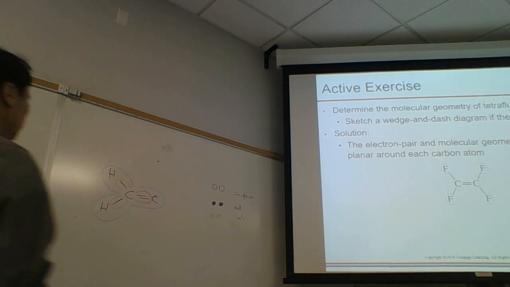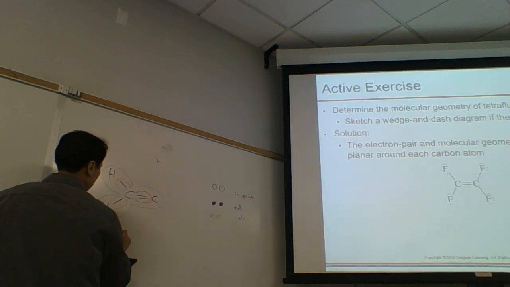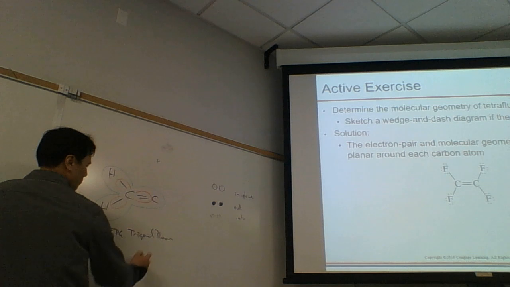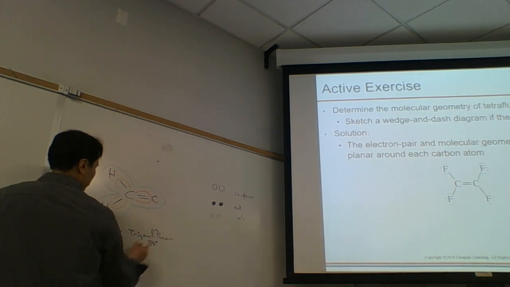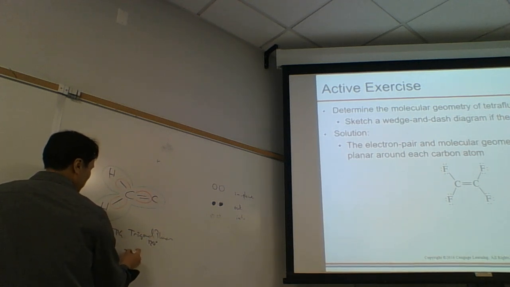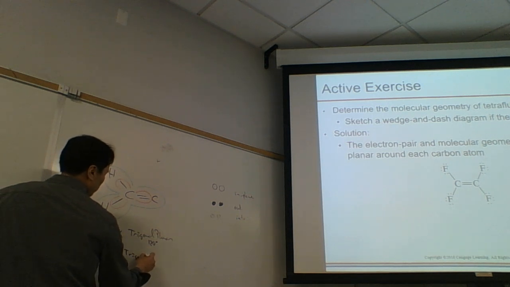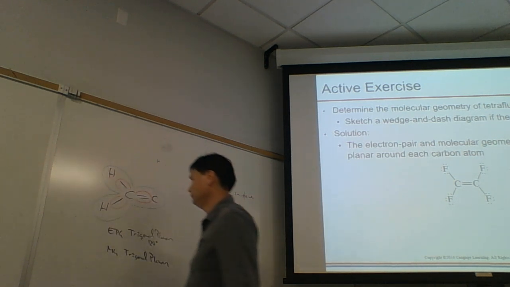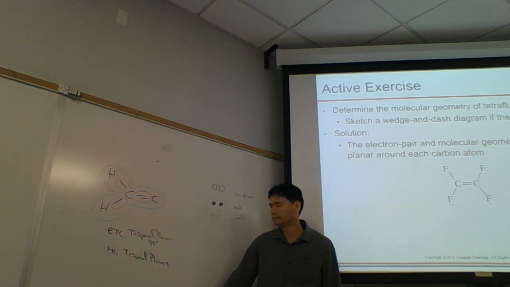And so here, EPG is trigonal planar. Trigonal planar sets the angle. What's the angle going to be? 120. And the Mg will be trigonal planar. Now, there are 2 bond angles here.